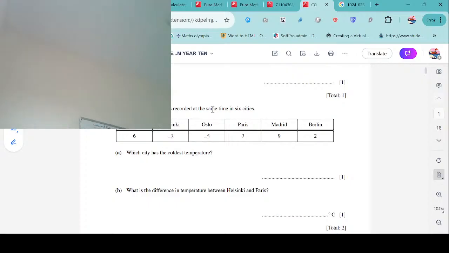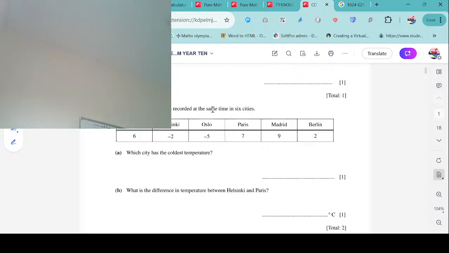Let me show you. Here is 0, right? On the temperature scale, 7 is from here, and -2 is below. So the difference will be 7 plus 2. Another way you can put it is 7 minus -2, which is 7 plus 2, which is 9.